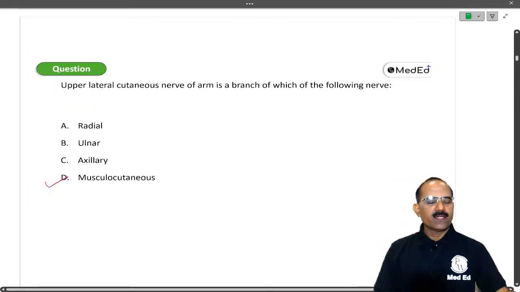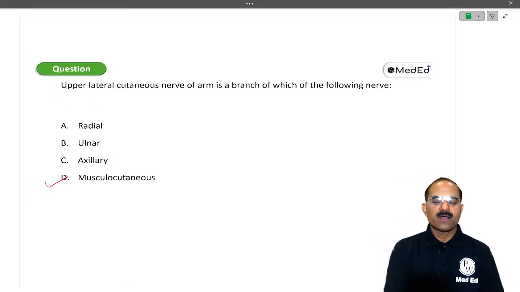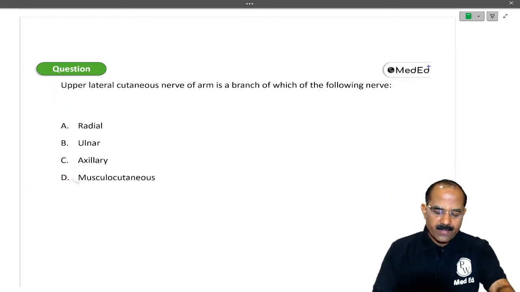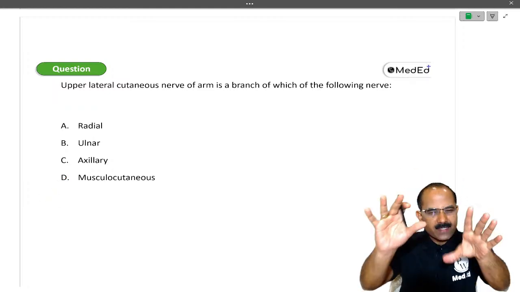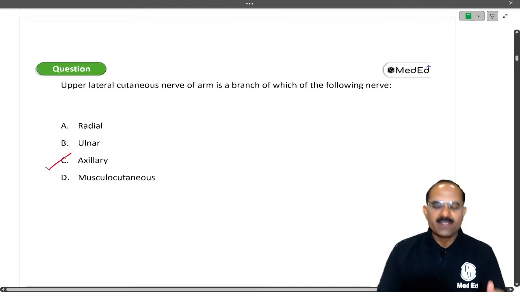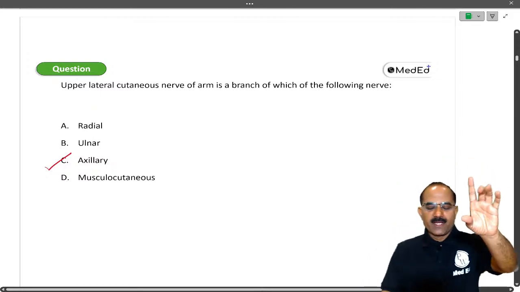Now musculocutaneous nerve, what does it supply? No no, oh sorry, I'm so sorry. Upper lateral cutaneous nerve of the arm is a branch of the axillary nerve. Yes, Dr. Shri, it is a branch of the axillary nerve.